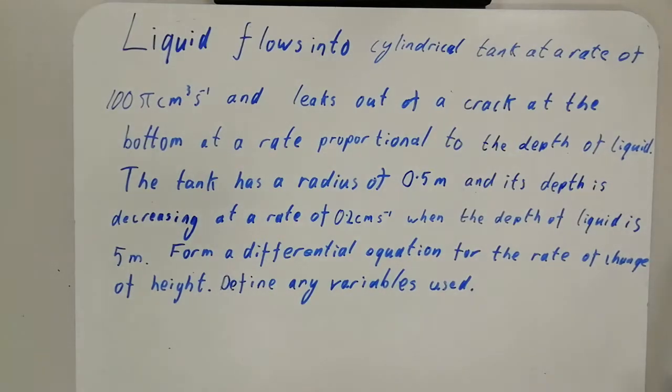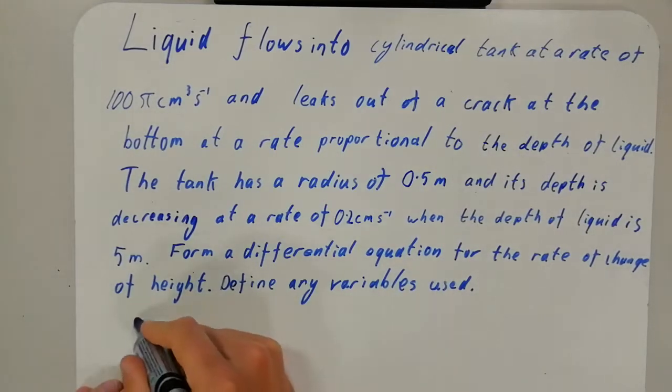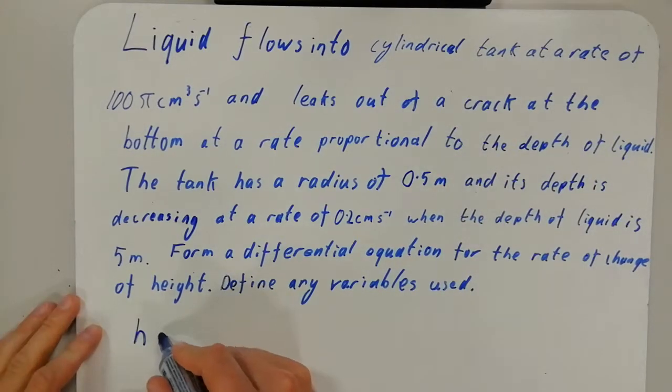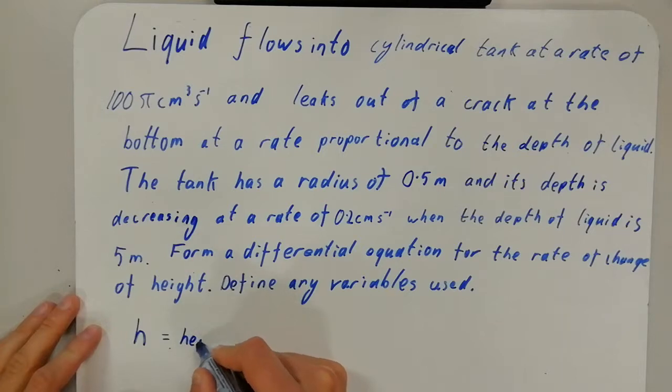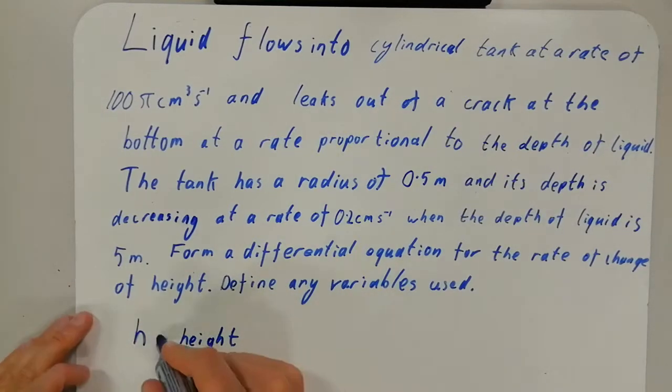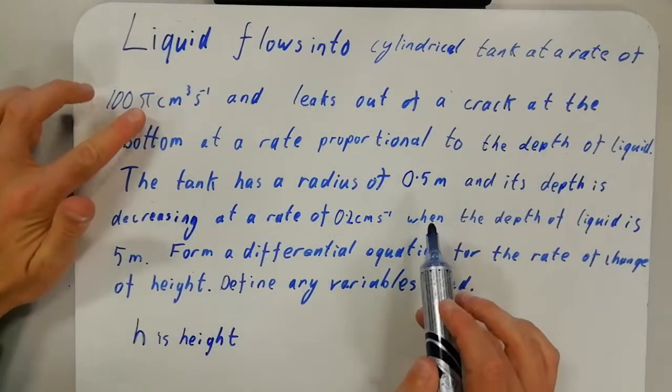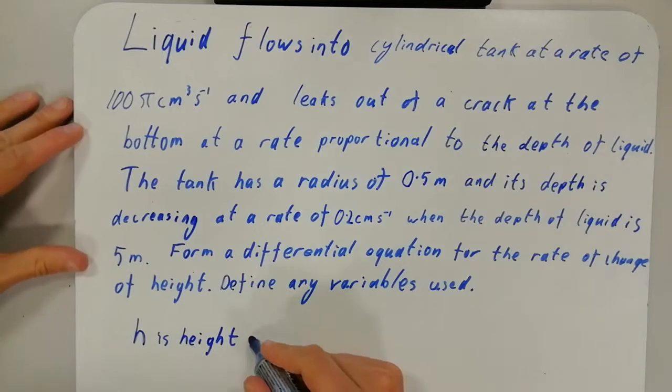Define any variables used. Okay, so first of all let's consider what variables we will need to use here. We want to form a differential equation for the rate of change of height. So h appears to be a good variable to represent the height. And we should probably pick a unit because we've used metres and centimetres in the setup of this question.